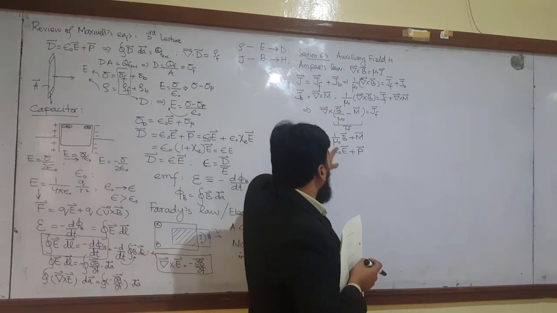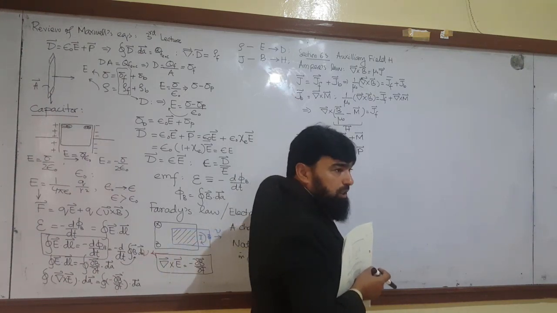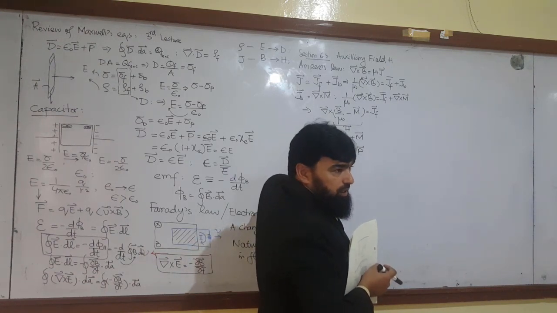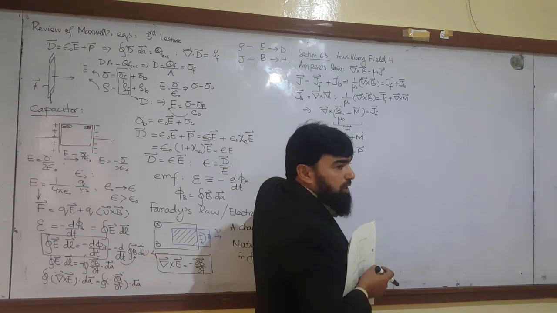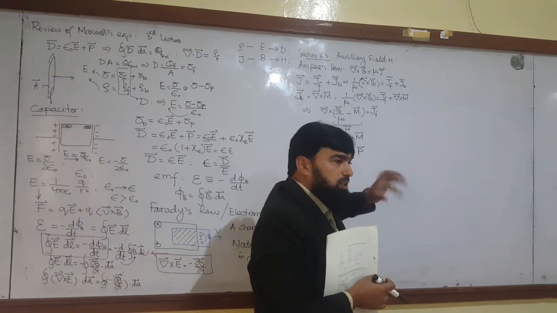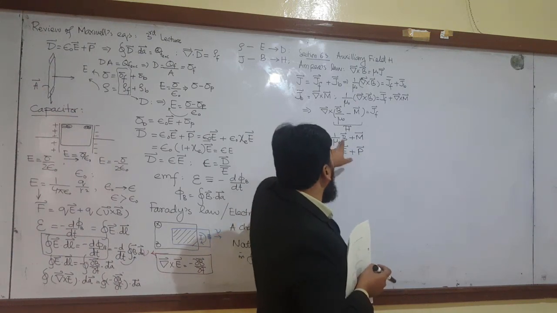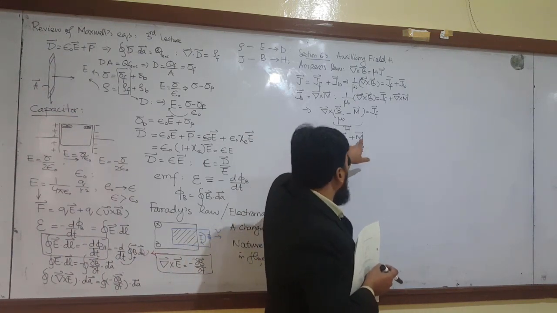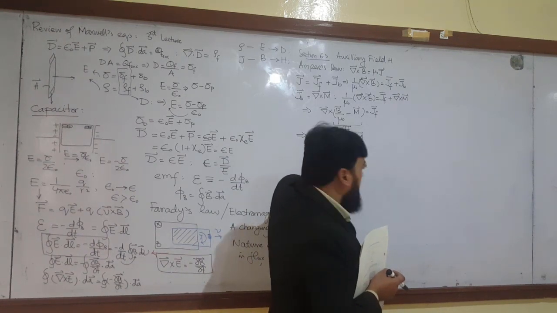The next term was epsilon naught, so it should be 1 over mu naught. If it was 1 over epsilon naught, then this should be mu naught. They have a reciprocal relation to each other. Then B here is E, and then M is P.